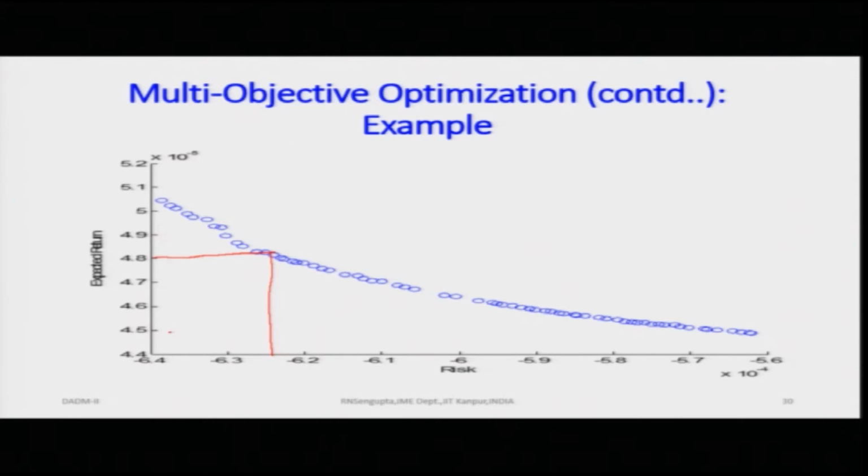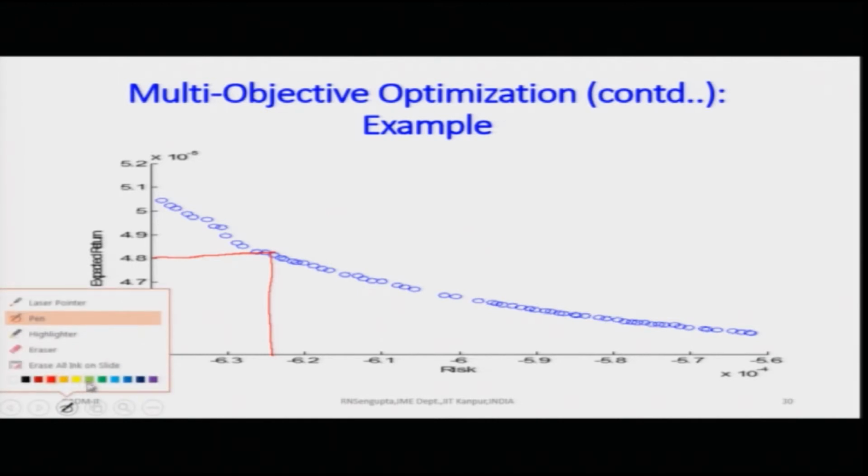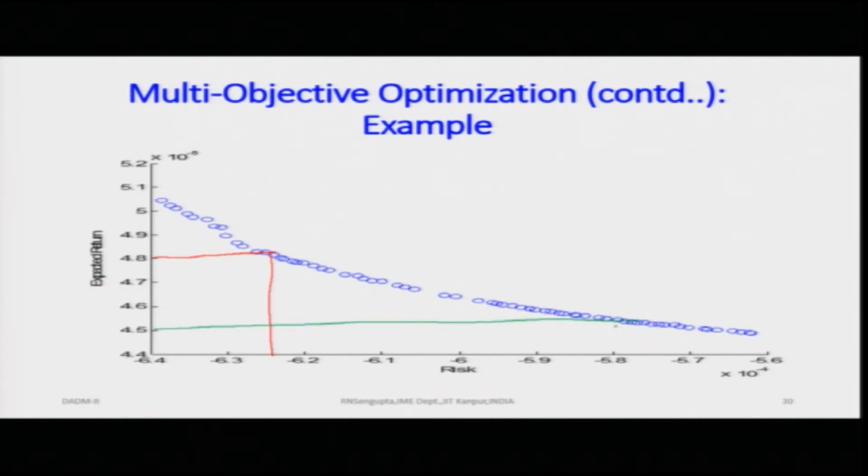If I consider an expected return of 4.5, the overall value of risk. So, remember, this is 10 to the power minus 4, this is the expected value, and it is 10 to the power minus 5.